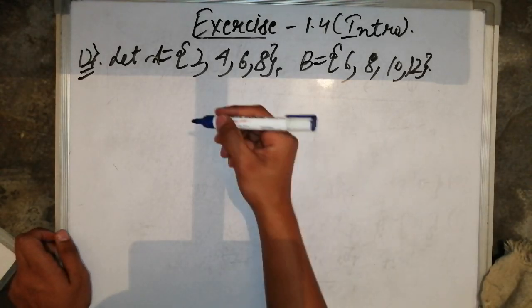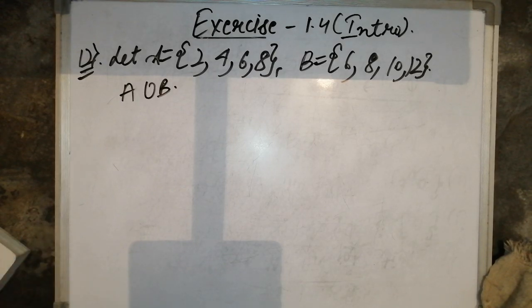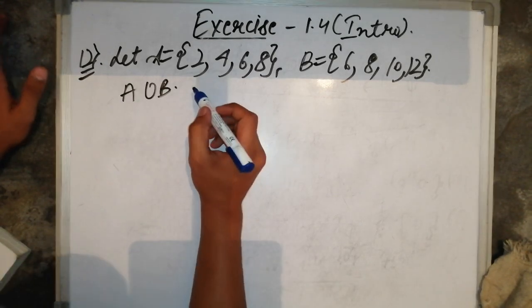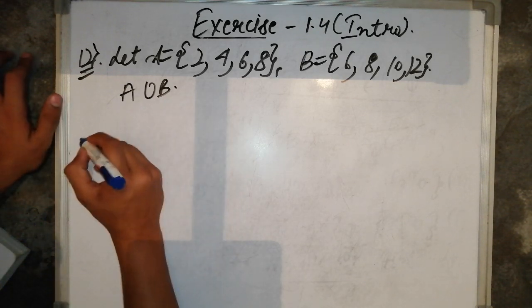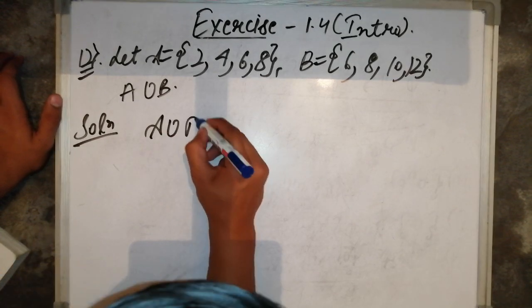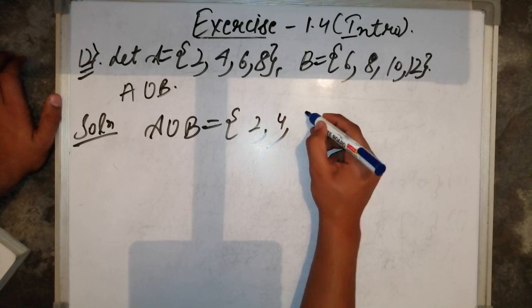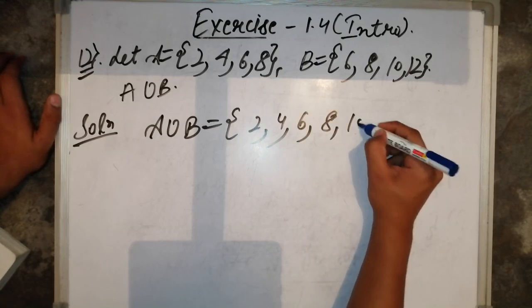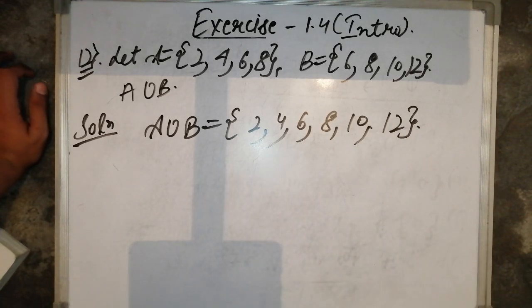Find out A union B. There is nothing difficult in this question. We just need to write the elements of both of these sets combined. A union B is equal to 2, 4, 6, 8, 10 and 12. Students, note that do not repeat an element twice.